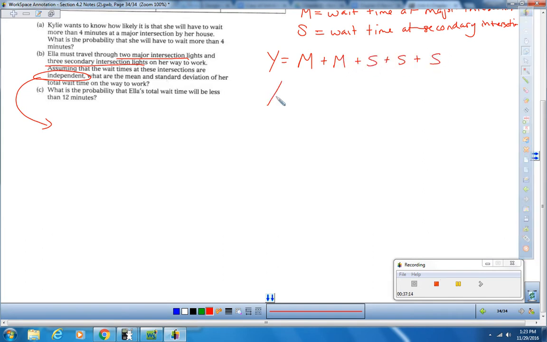Now the mean of y is still going to be calculated doing 2 times 3.2 plus 3 times, what was it, 2.5, okay, which is 13.9. But the standard deviation I threw way off, so that was terrible, but make mistakes.